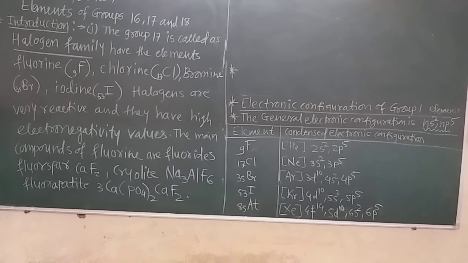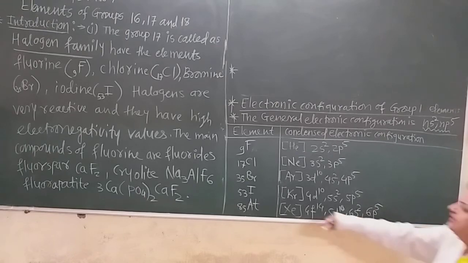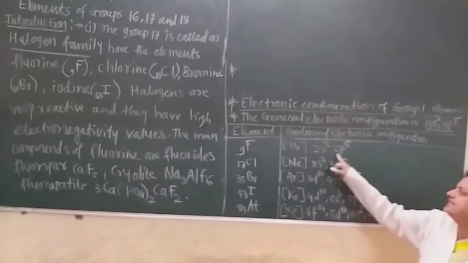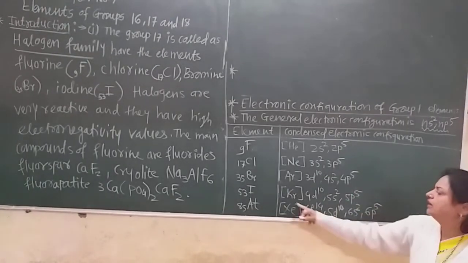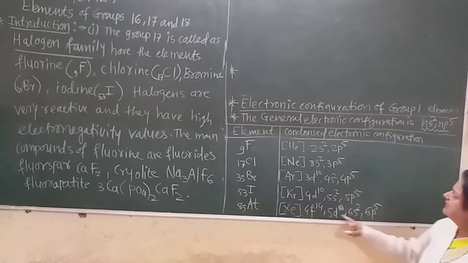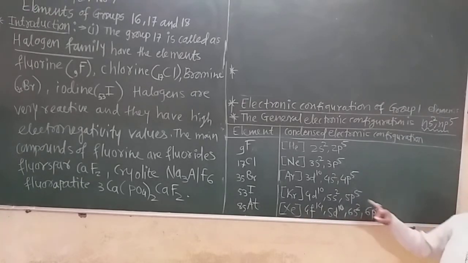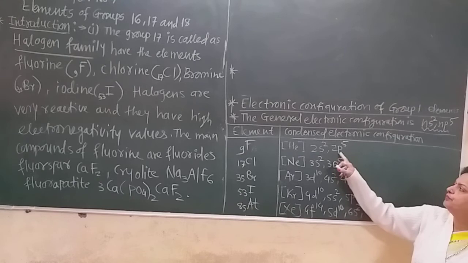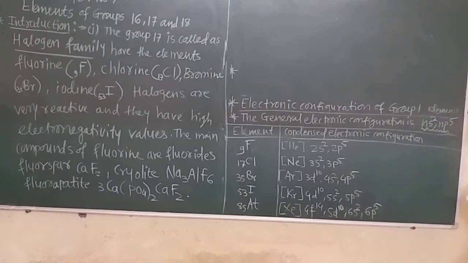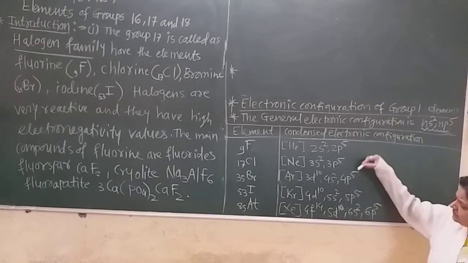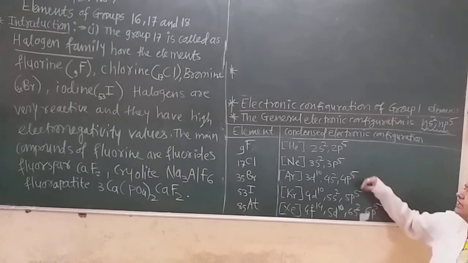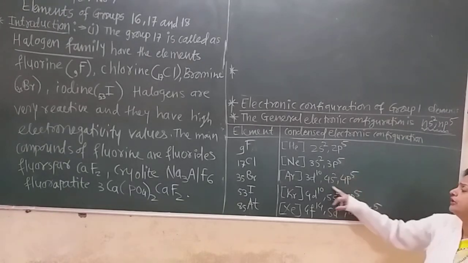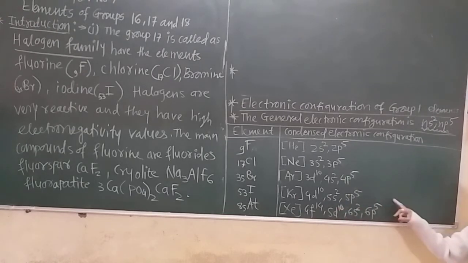Now see the electronic configuration of these elements. Fluorine: this is the condensed electronic configuration, He 2s2 2p5. This is the general electronic configuration, ns2 np5. Now only add one to the shell number: 3s2 3p5, 4s2 4p5, 5s2 5p5.